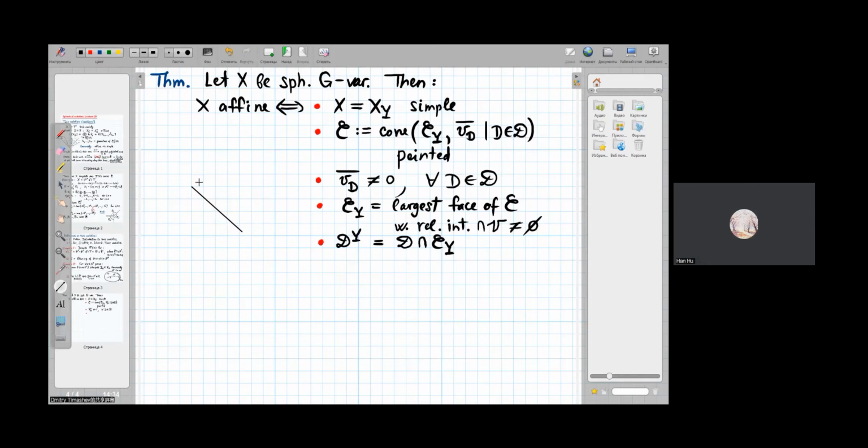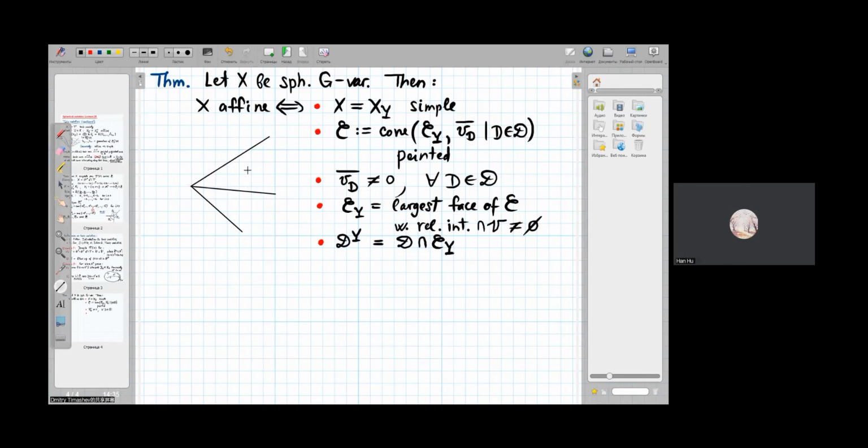So let me continue trying to draw this cone. I will try it to be of dimension 3. So this will be one face, maybe like this. 3 rays, 2 rays. Any 2 rays generate a face.